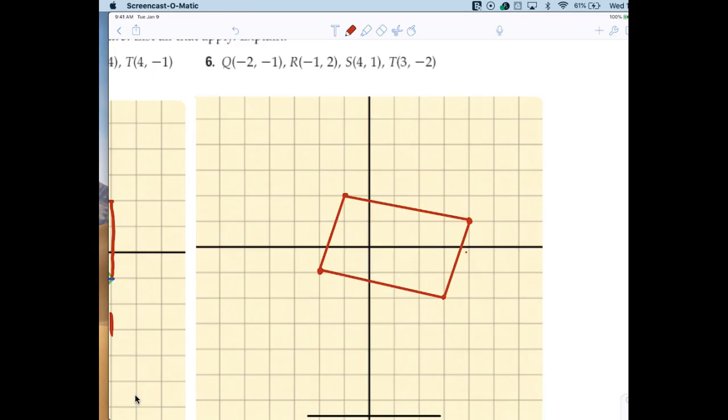Anybody else plot it like that? Does it look like a square? A rectangle? Yours kind of looks like a rectangle. Mine does not. Now, it's definitely not a rhombus, though, right? I mean, I didn't do that bad a job plotting it.